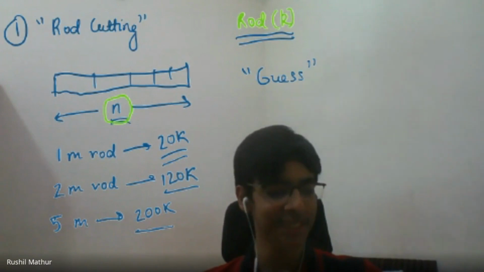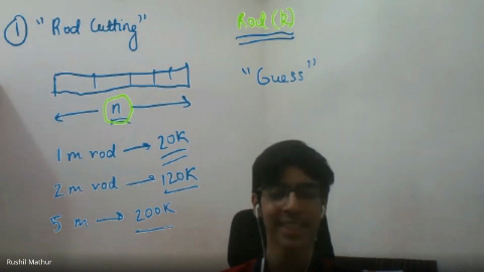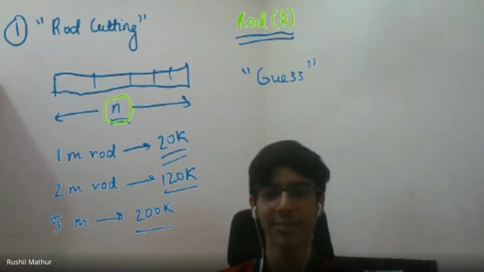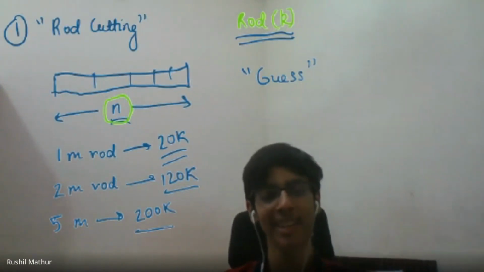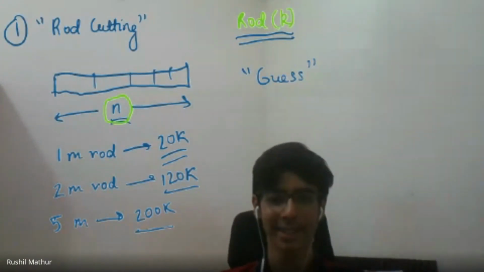So this is exactly why we need dynamic programming. Usually in dynamic programming, the idea is, why is our thing becoming exponential? Because we are doing repeated calculations.